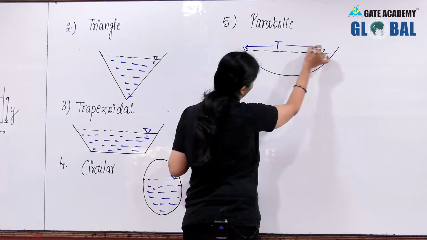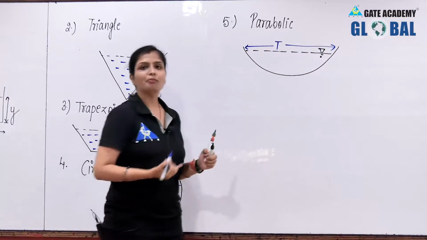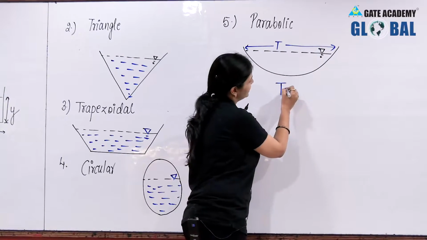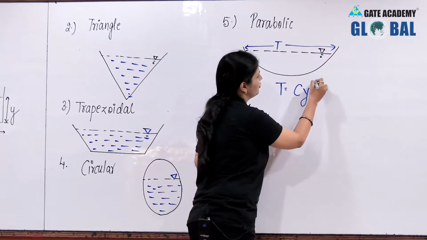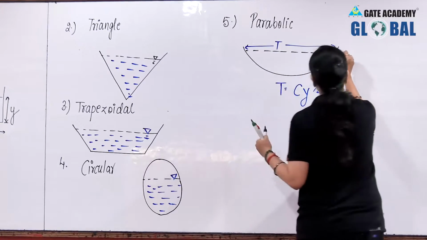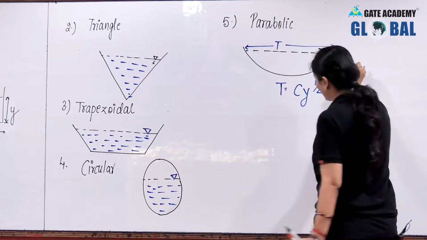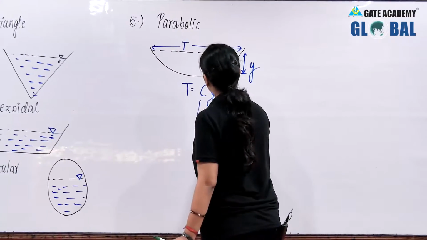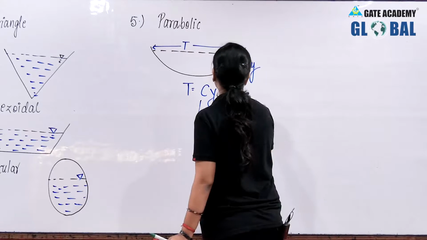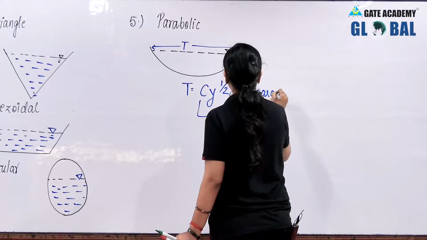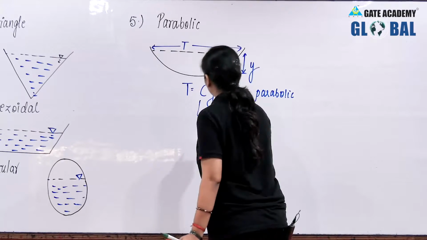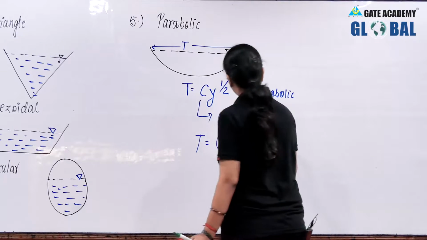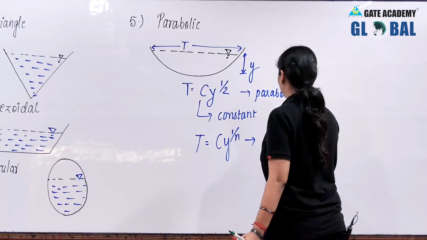I'll tell you regarding the geometric parameters in the upcoming classes, but here I'm just telling you this is your top width. So for this case, T is equal to C y to the power half, if y is your depth of flow. This is the expression which you get for parabolic channel where C is a constant. While if it is some sort of exponential channel, this is for exponential.